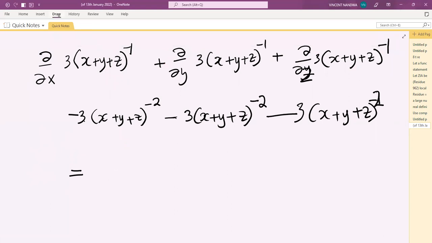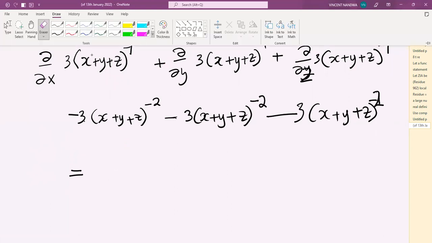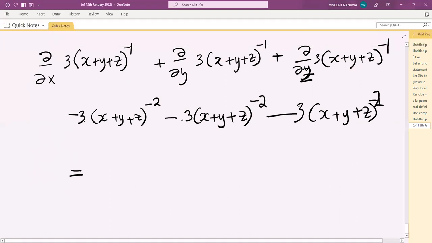All of them are like terms. So -3 minus 3 minus 3 is -9. So I write this one as -9 divided by x plus y plus z, squared.